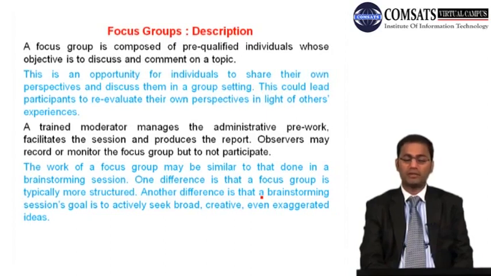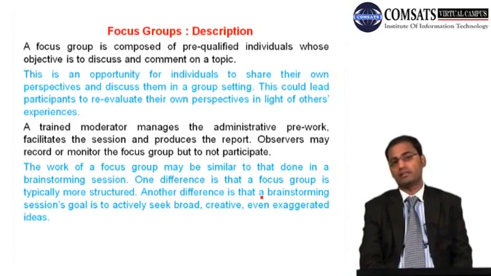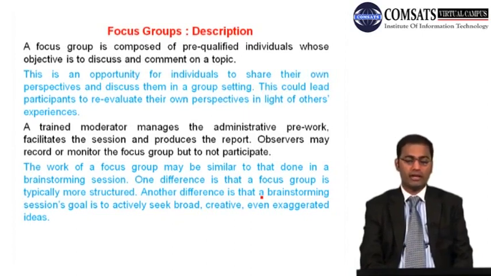This could lead participants to reevaluate their own perspectives in the light of others' experiences. A trained moderator manages the administrative pre-work, facilitates the session, and produces the report. Observers may record or monitor the focus group, but do not participate.